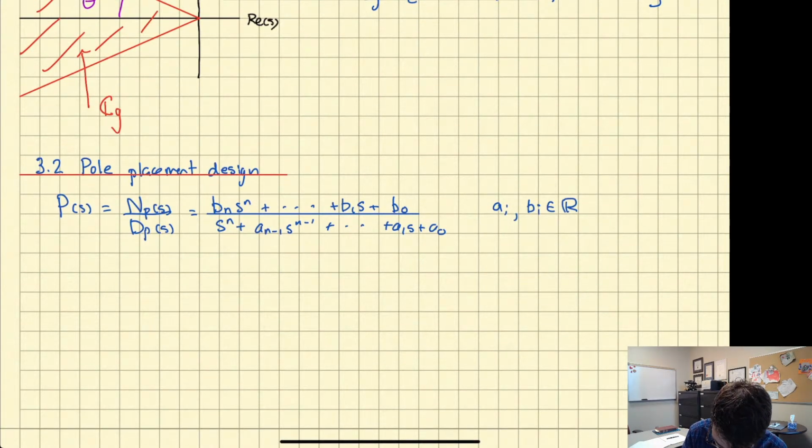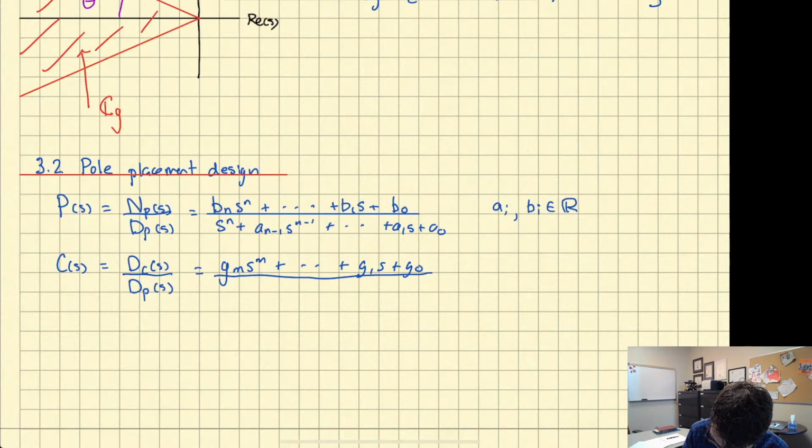Our controller will be mth order. Just like for the PID controller, I'll use G's for the numerator and F's for the denominator.